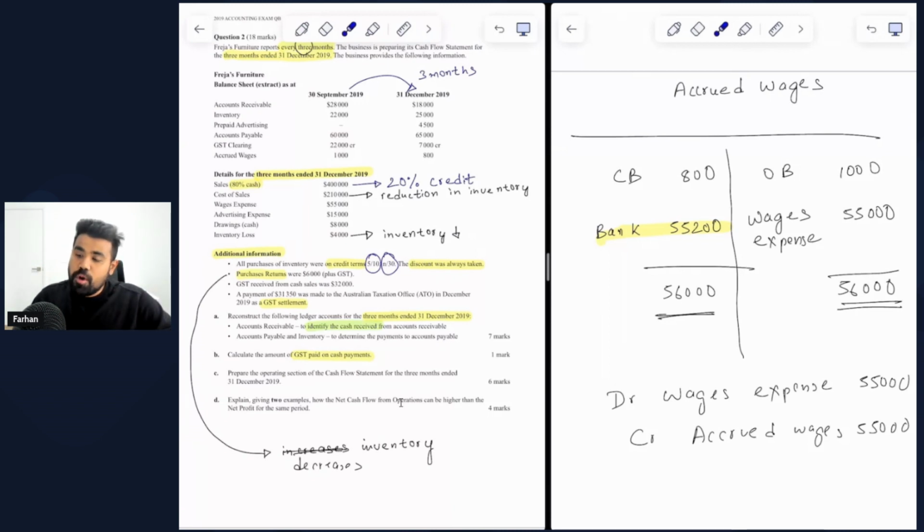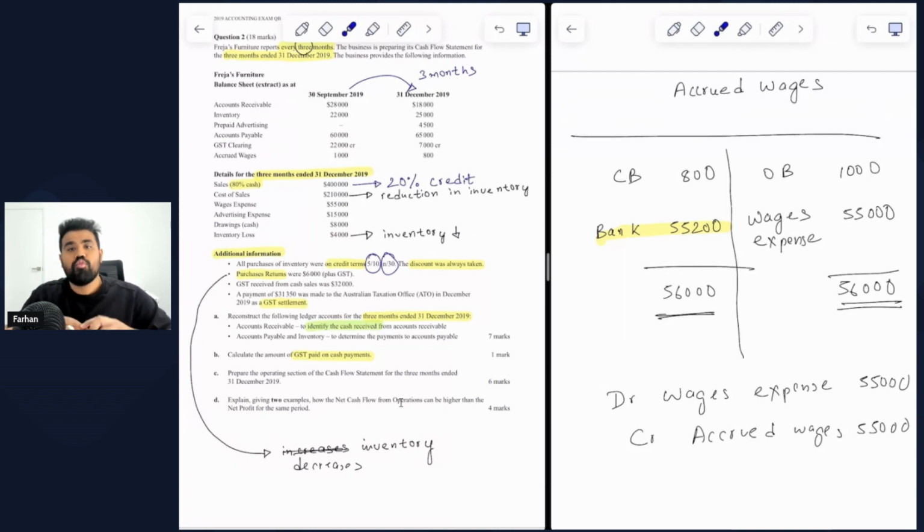We could also talk about depreciation expense, which is not something that we really have in this case, but depreciation expense is also a non-cash expense, which refers to the loss in the value of a non-current asset that will be included in your expenses to calculate net profit, but won't necessarily be included in the operating activities section because it is non-cash.